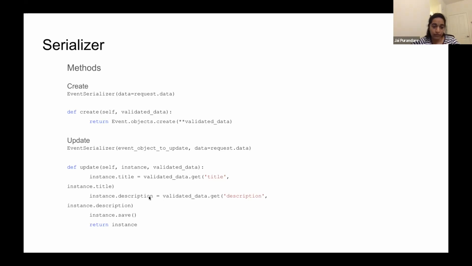When you call the event serializer dot save method inside the view, the update method gets triggered. The serializer knows that you already have an object instance saved with it, and since you have given that object, you are trying to update that object. So the update method gets triggered, and through the validated data, you need to set all the data on that instance and save it, and again return the instance.